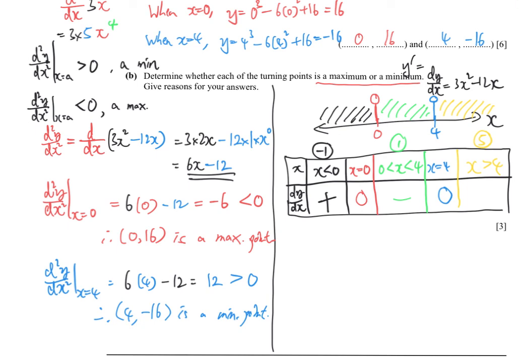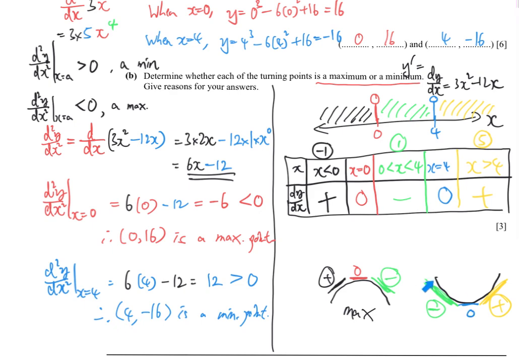You should know that when the gradient, the slope or the first derivative, changes from positive to 0 and then to negative, this must be a maximum. On the other hand, when it changes from a negative slope to 0 and then to positive, this must be a minimum.